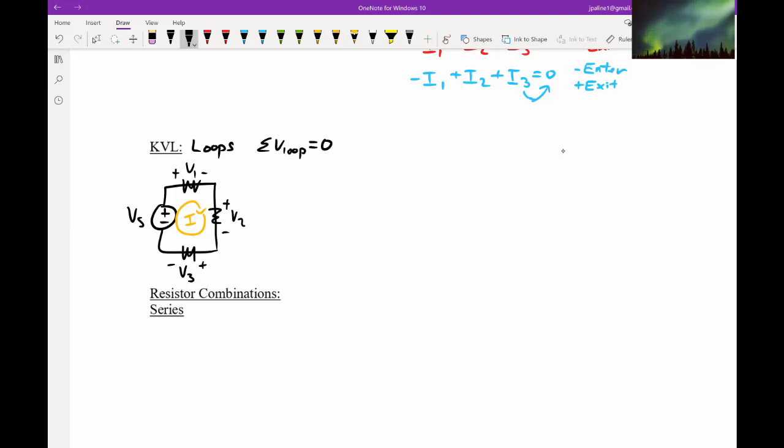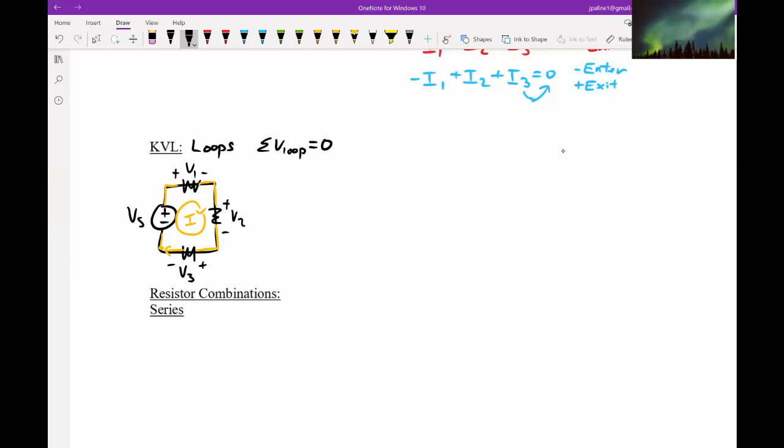And what we're going to do is we're going to start on a point, and we're just going to walk around the loop until we end up back where we start. And what that'll look like for us is everywhere we hit a terminal with the current, that's what we'll assign to that voltage.